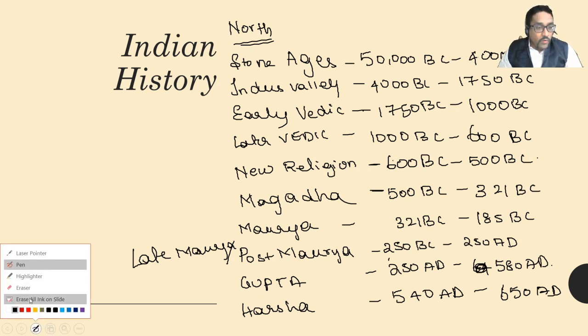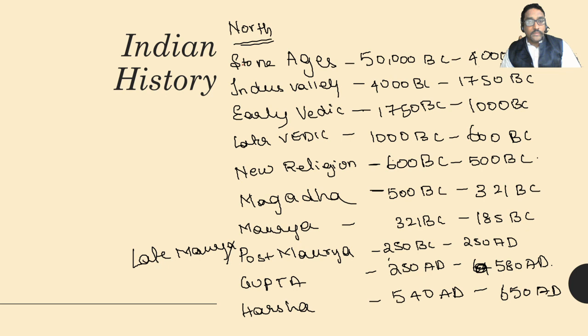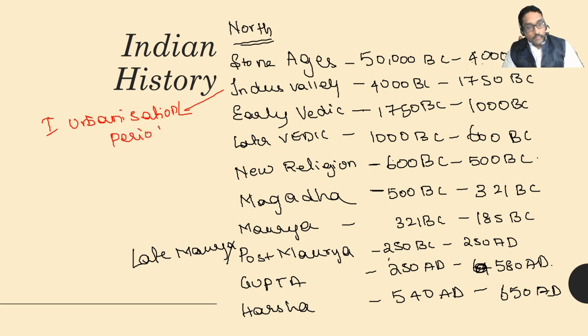Now, coming to a quick understanding of this era, the Indus Valley era is known as the first urbanization period. The Magadha Maurya era is the second wave of urbanization.